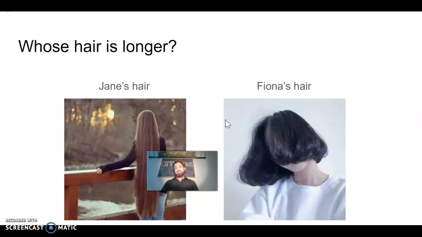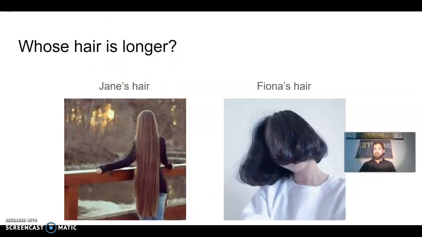Over here, whose hair is longer? Jane's hair or Fiona's hair?